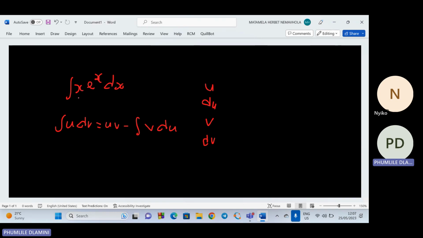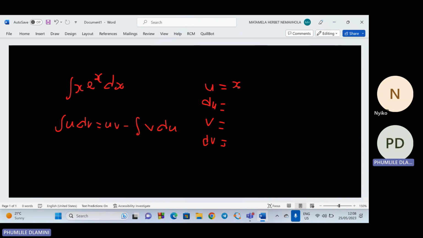When I choose my values, the first two that you must choose are the one for u and the one for dv. Our u can be x, or our u can be e to the power x, and our dv is either x or e to the power x.